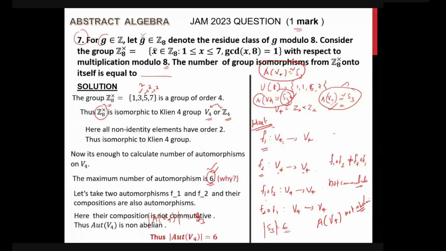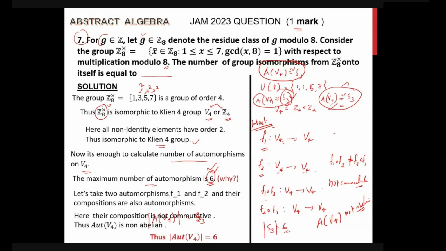Okay, so what we did is we took Z8 cross, and we found that it is isomorphic to the Klein 4 group, and we calculated the number of automorphisms in the Klein 4 group. The maximum number of automorphisms is 6, because the maximum number of functions is 6, and therefore automorphisms must be less than or equal to 6.